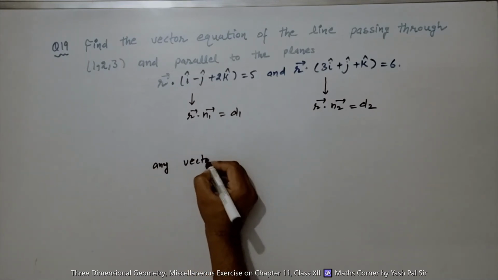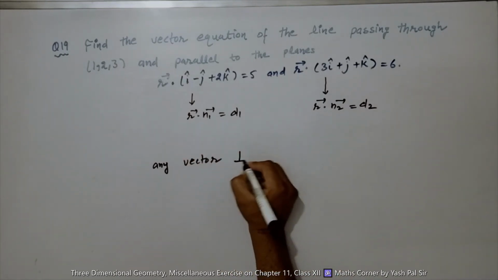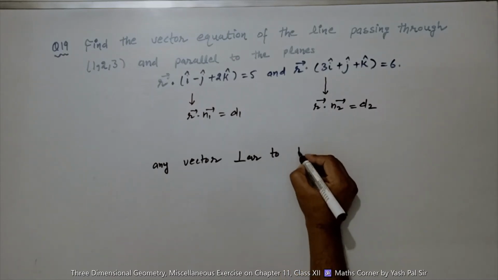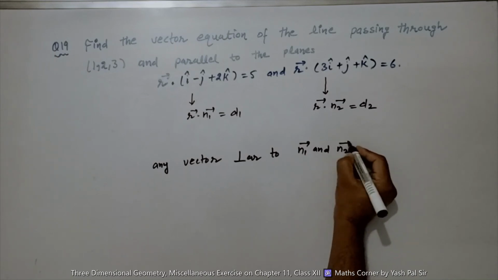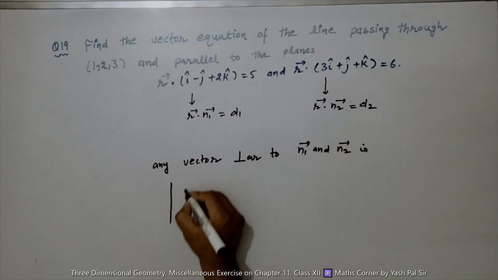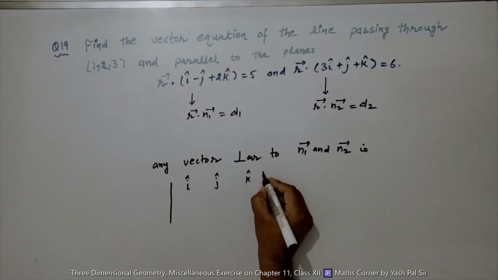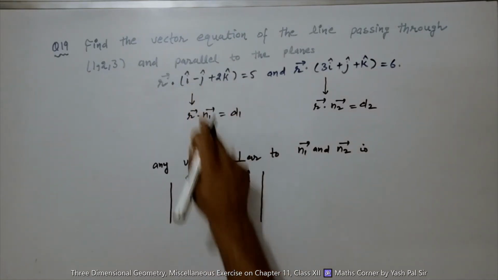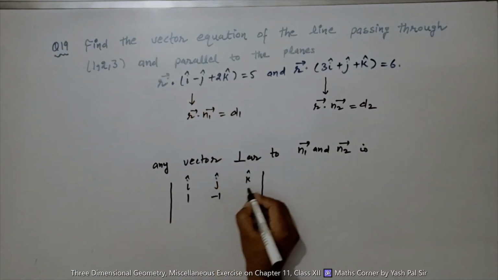that any vector perpendicular to n1 and n2 is n1 cross n2: i, j, k. The scalar components of n1 are 1, -1, 2.